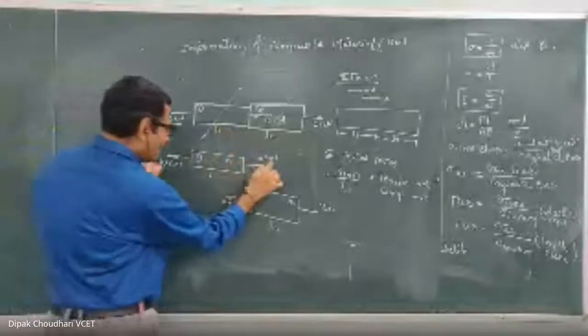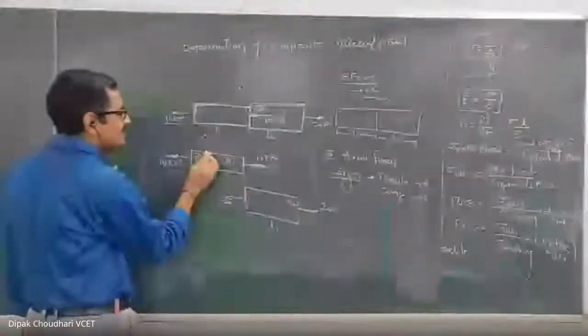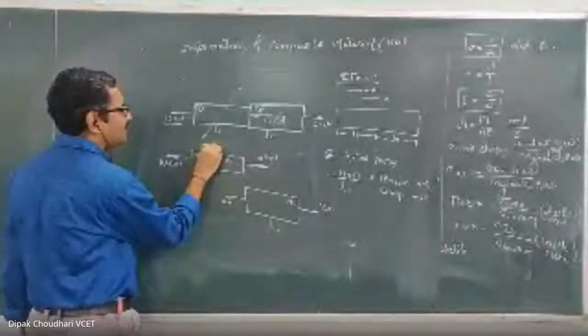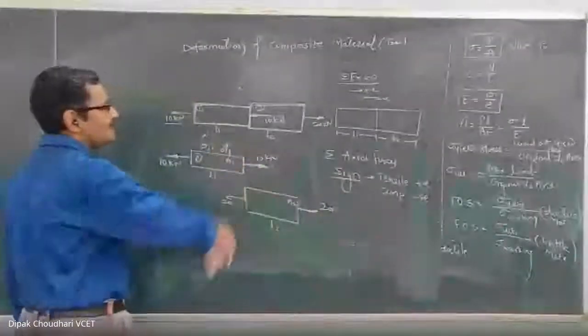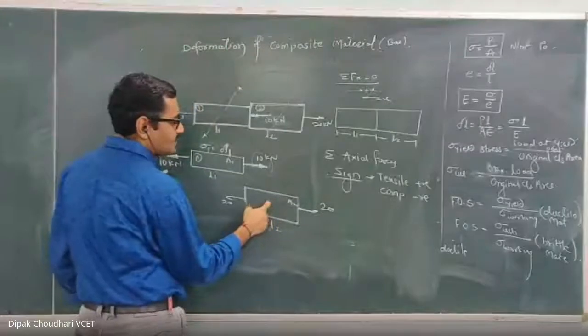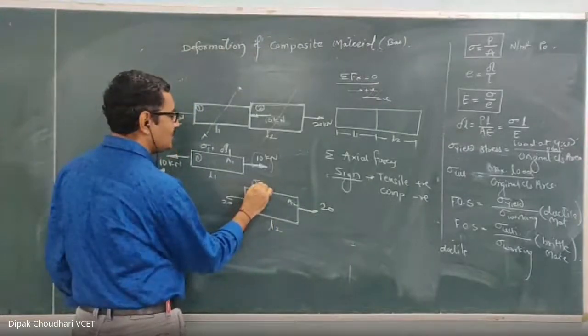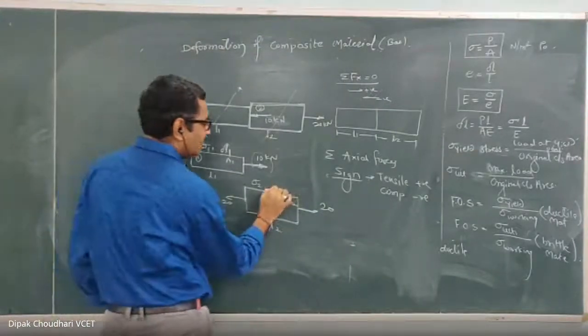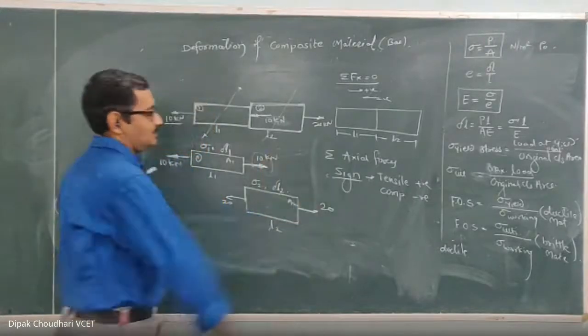This 10 kilonewton force is responsible to induce the stress in part 1 as well as deformation of part 1. Similarly, this axial force acting on part 2 is responsible to induce the stress in part 2 and deformation in part 2.